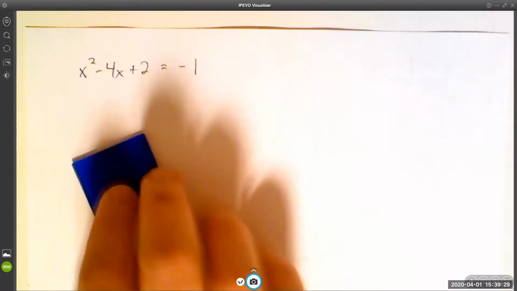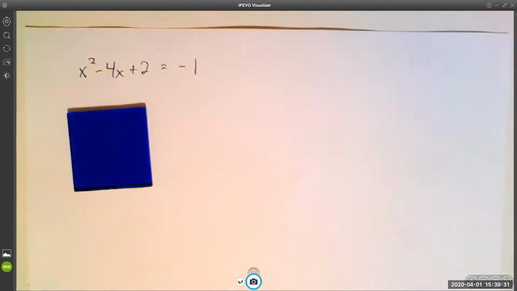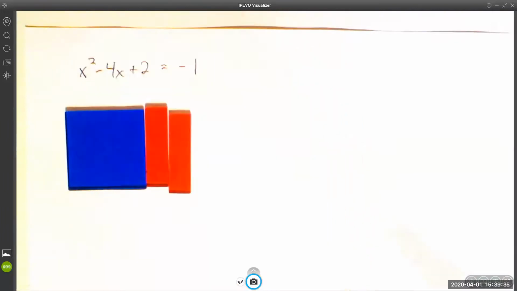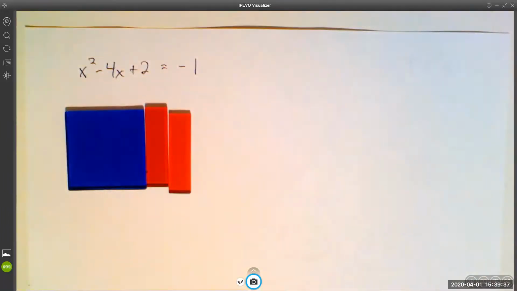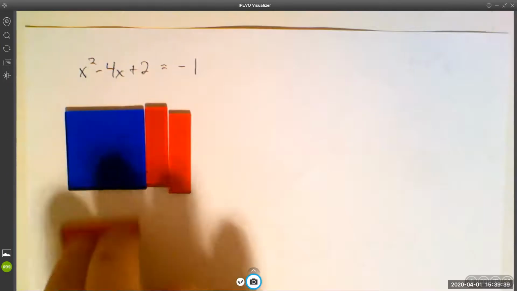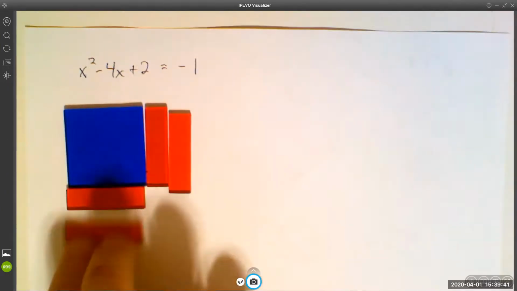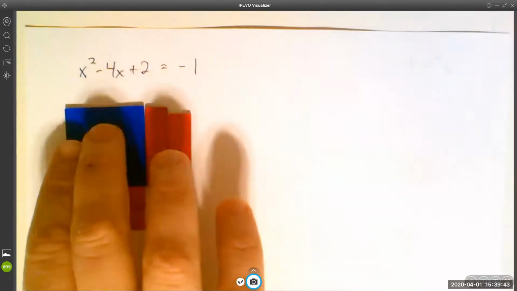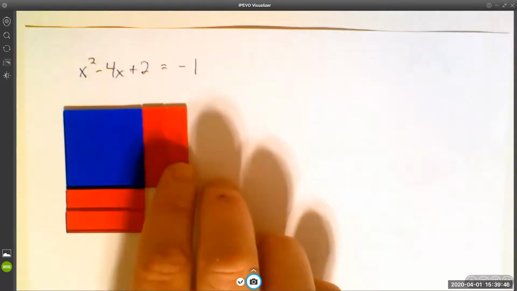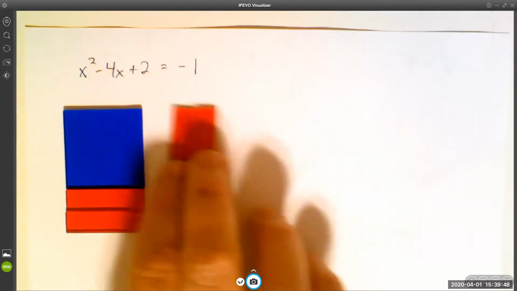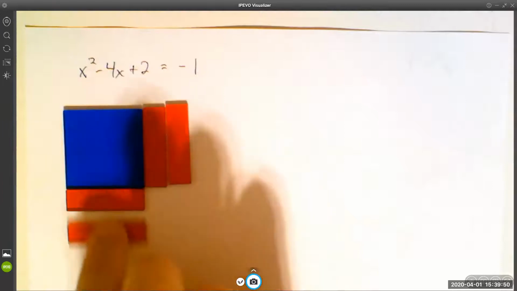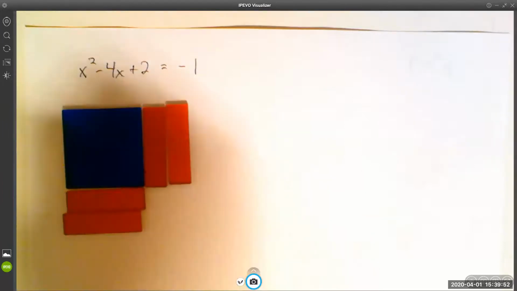But let's just get x squared minus 4x plus 2. And I'm going to go ahead and arrange these tiles the way that I described on the previous example. I put the x squared in the upper left-hand corner. I put half of my x's on the right-hand side and half of my x's below the x squared.